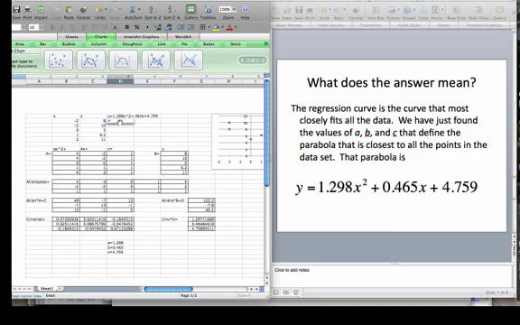So equals 1.298 times, I have to put the times in, x squared plus 0.465 times x plus 4.759, and enter.